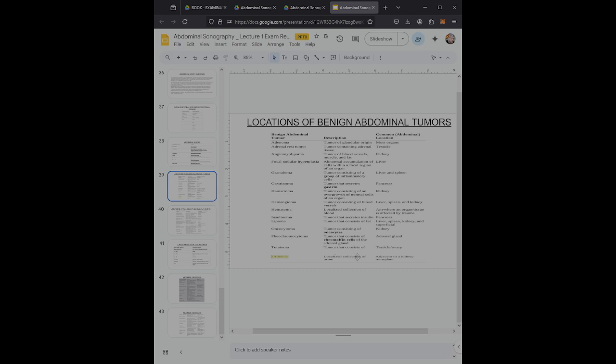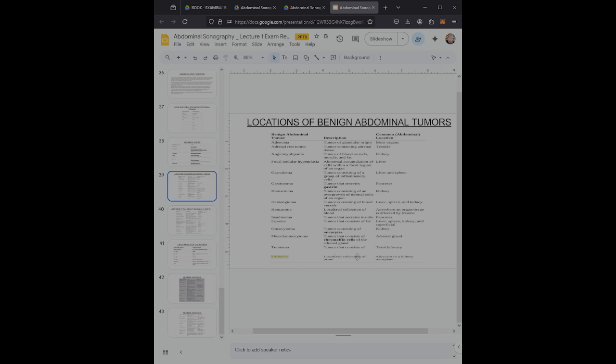Focal nodular hyperplasia, this is abnormal accumulation of cells within a focal region of an organ. They are commonly seen in the liver. Granulomas, these are tumors consisting of a group of inflammatory cells. These are typically seen in the liver and the spleen.